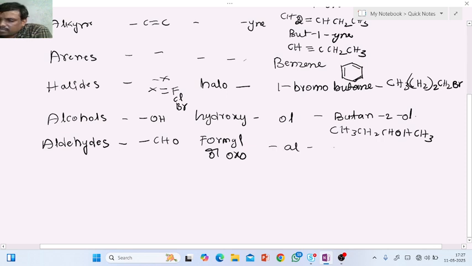And the example is butanal. Functionally it is represented by butanal: CH3, CH2 twice, okay, and CH, O is the aldehyde group. The functional group here I have mentioned, you can see CHO, and the remaining part is butane.